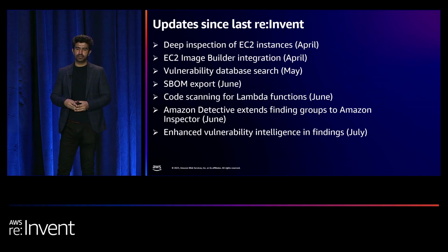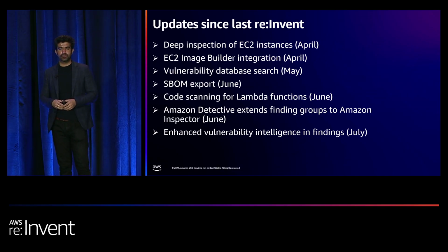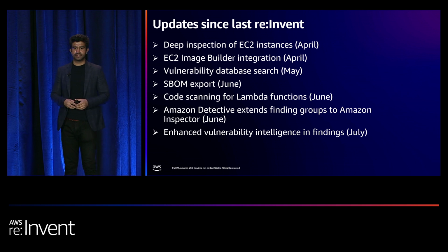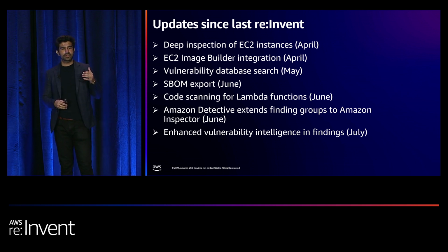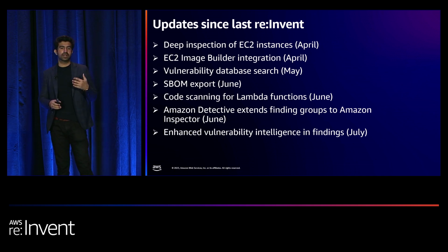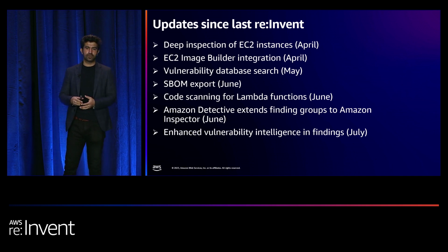Like Rick mentioned, we have launched a lot of stuff since last re:Invent, and I'll quickly go through what we have launched in the last 6 to 12 months and then cover what we are launching now. One of the things we launched early this year was deep inspection of EC2 instances. Up until last year, we only looked at OS packages, or operating system packages. With deep inspection, we also now scan your programming language packages like Java or Python.